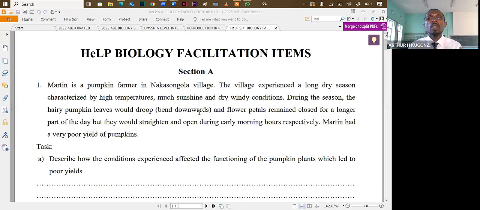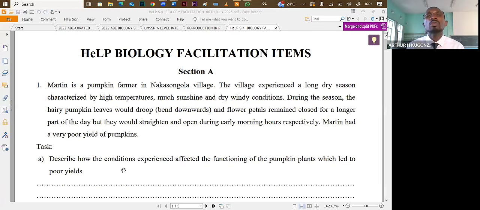They're saying that because of all that, Martin had a very poor yield of pumpkins. The task you're going to respond to is: describe how the conditions experienced affected the functioning of the pumpkin plants, which led to the poor yields.